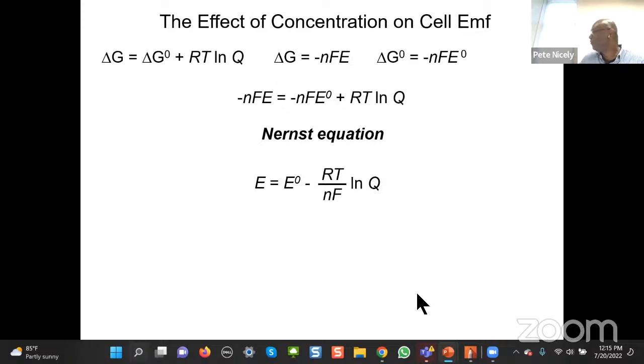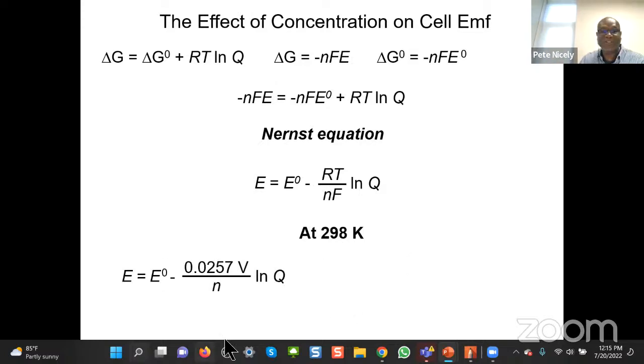And again, if we're talking about standard temperature where T is equal to 298 Kelvin, then that simplifies things a bit. We know what R is, we know what F is, so all we have to do is plug those values in, and we end up with this equation here, which is a simplification of this equation.